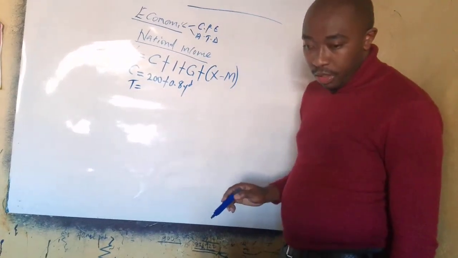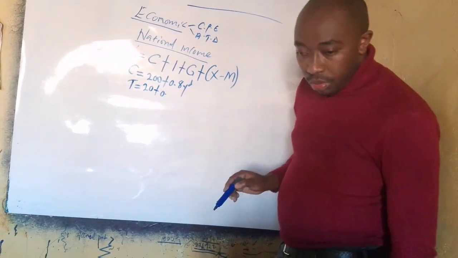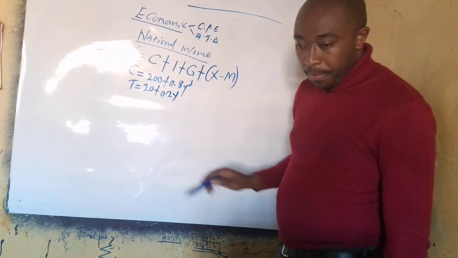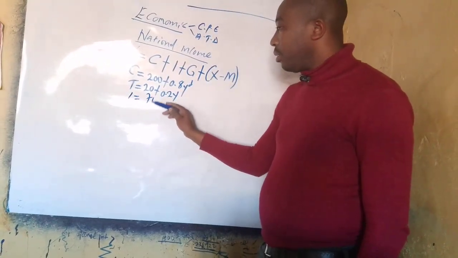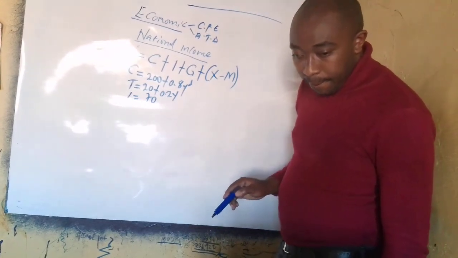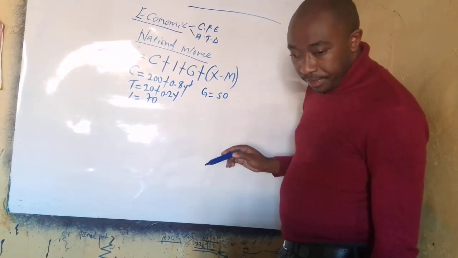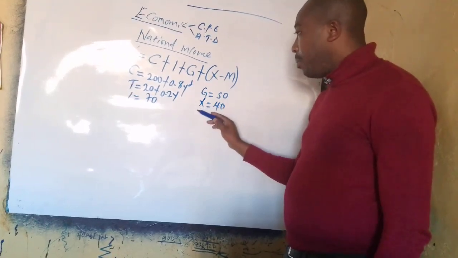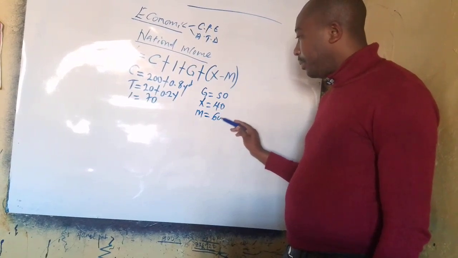Tax is equal to 20 plus 0.2Y. I is equal to 70. G is equal to 50. X is equal to 40. And M is equal to 60.